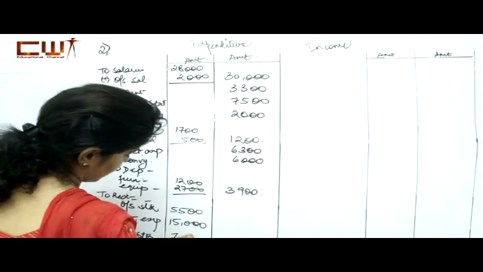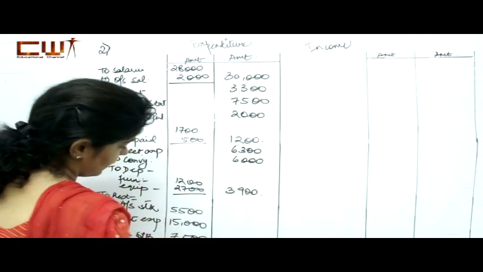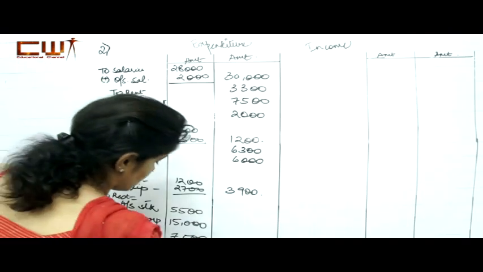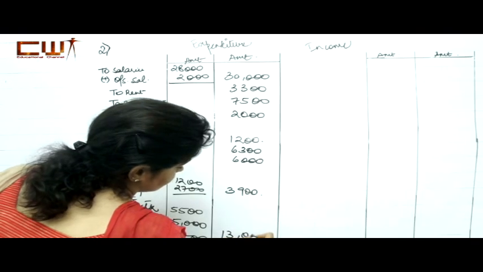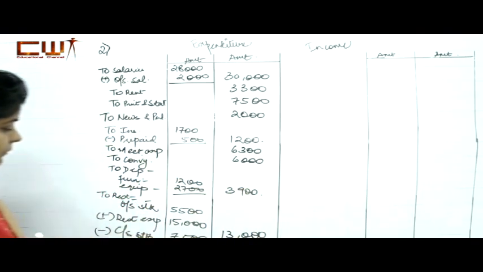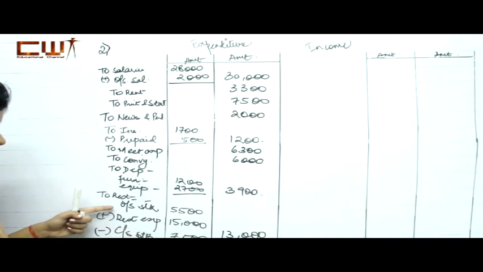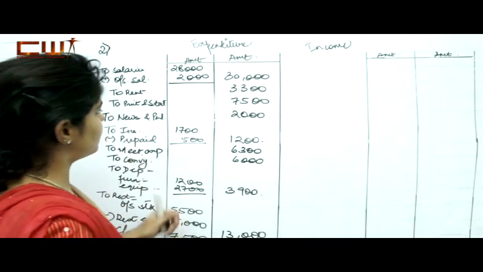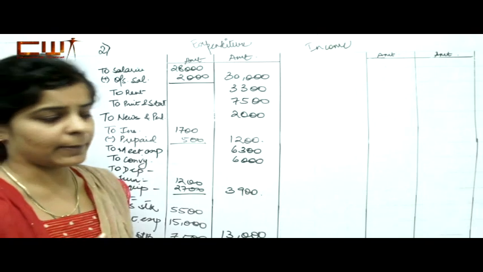Then you subtract closing stock from it. 20,500 minus 7,500 gives 13,000. So this will be your expenditure side completed by now.